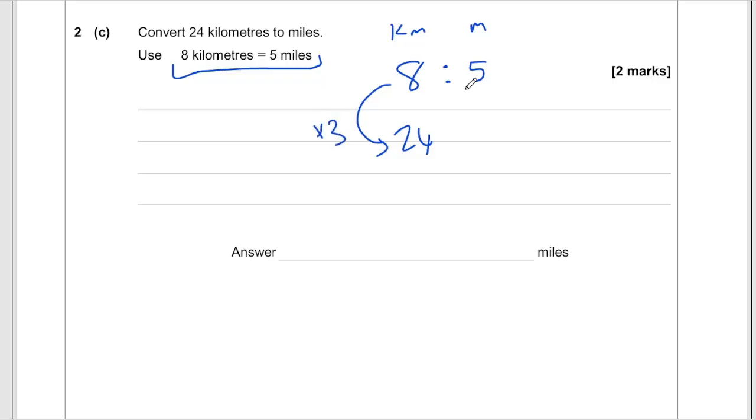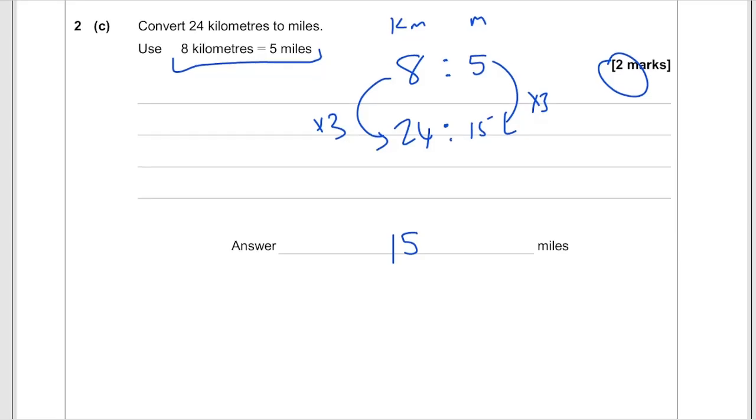I just times that by 3. So I do the same thing on that side. 3 times 5, that gives me 15. So my answer is 15 miles. Again, we're looking at 2 marks there, so make sure we're showing how we're getting to our answer of 15. We don't want to put 15 down and get it right, but only get half marks.